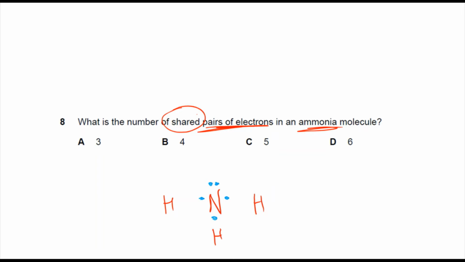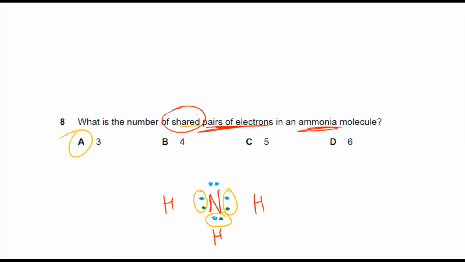With hydrogen, it only has one proton number because atoms are electrically neutral. If it has one proton, then it must also have one electron. So it uses its electron here and here, and that's how you get an ammonia molecule. It says how many shared pairs of electrons. This is a shared pair, this is a shared pair, this is a shared pair. 3 shared pairs. Answer for 8 is A.